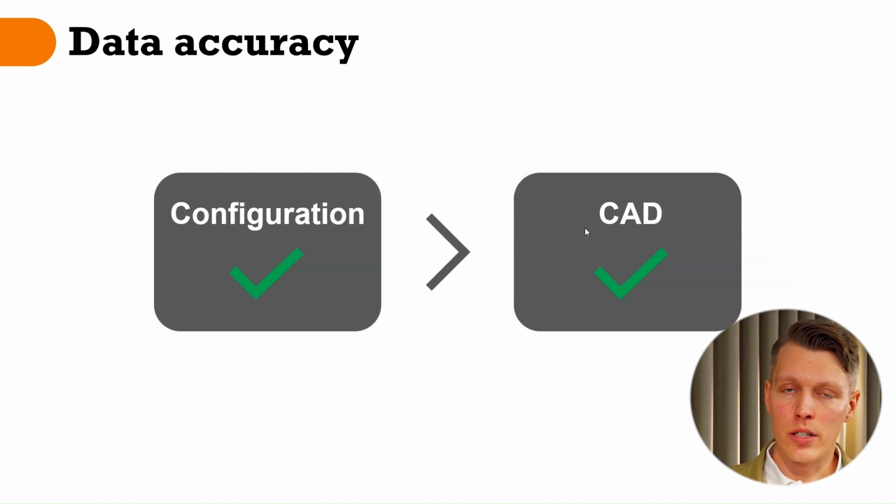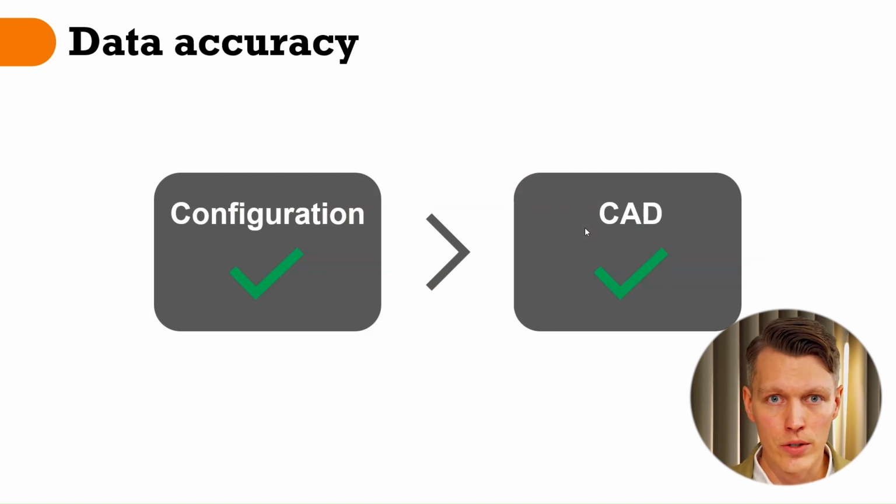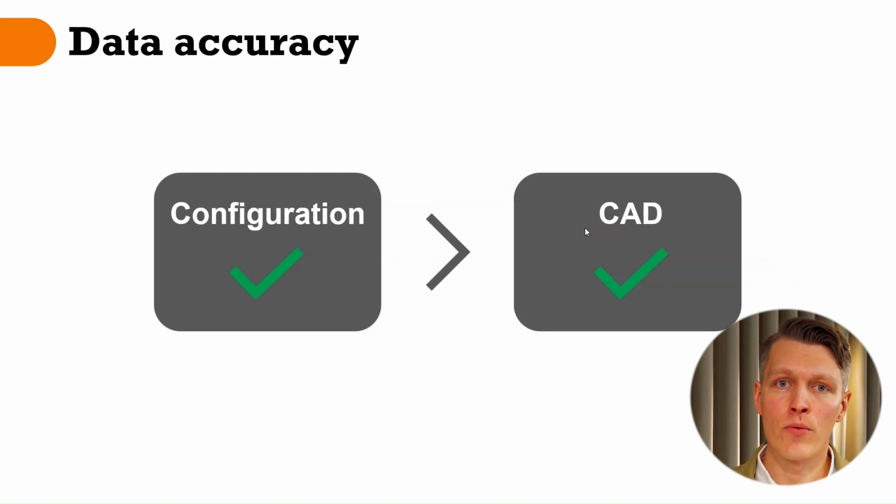All of this information in the configuration model is trickling down to our CAD generation as well, because we're basing our CAD off of that result. So the CAD is going to be representing, perfectly reflecting our configuration every time, consistent and of the same quality each time.